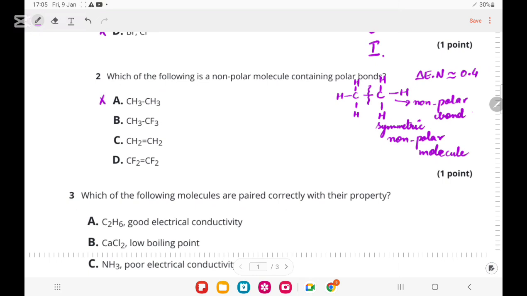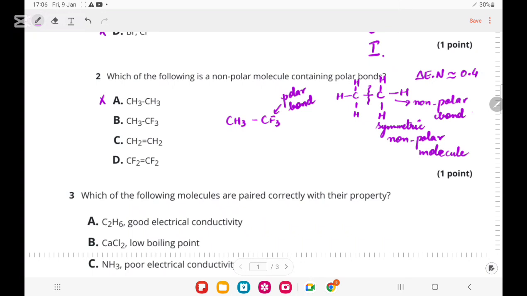If you see part B, this is CH3 and this is CF3. Here the carbon-fluorine bond is a polar bond because the difference in electronegativity is greater than 0.4. So it is going to be a polar bond. While if we see the molecule, this is CH3 and this is CF3.